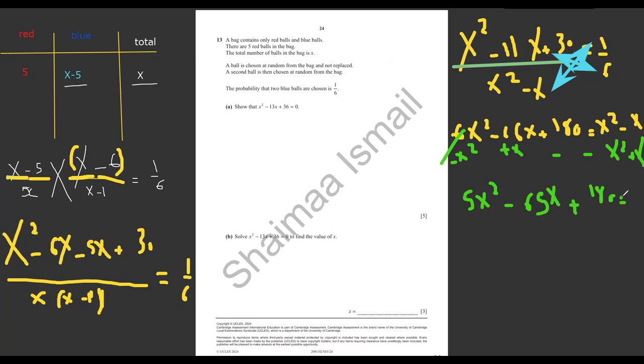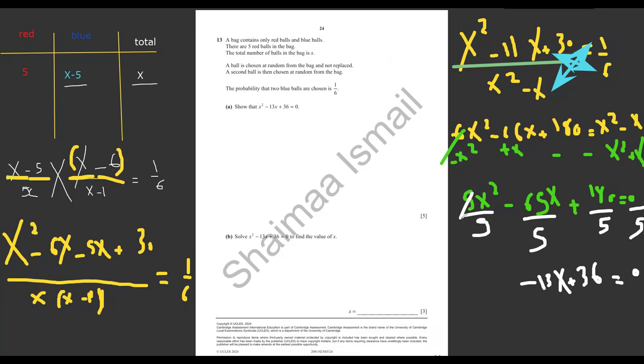Let's divide them by 5. Dividing by 5, dividing by 5, dividing by 5. And for sure, 0 divided by 5 is equal to 0. So here 180 divided by 5 equals 36. Here minus 13X.